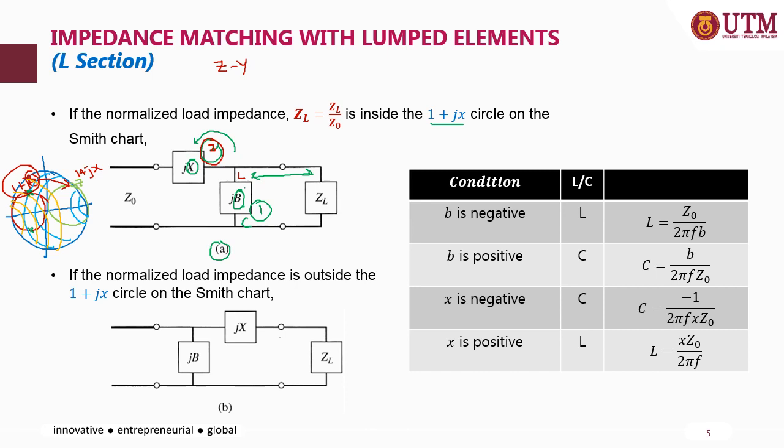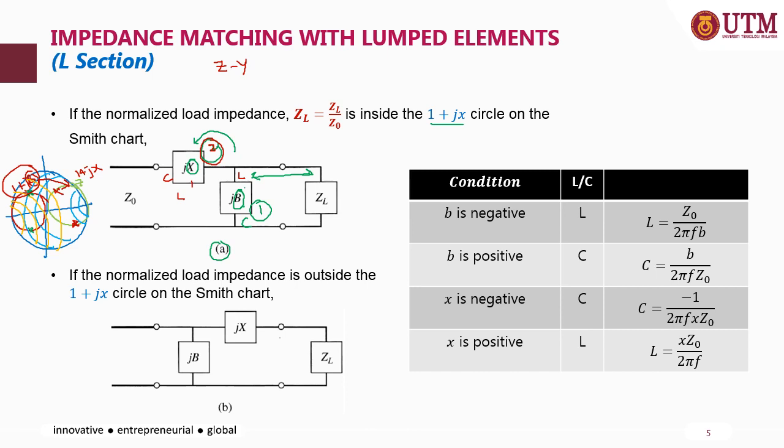When X is negative, somewhere down here, the component that you need to use at this point is the L. When it is positive, it is L. If it is negative, then the component here will be C.